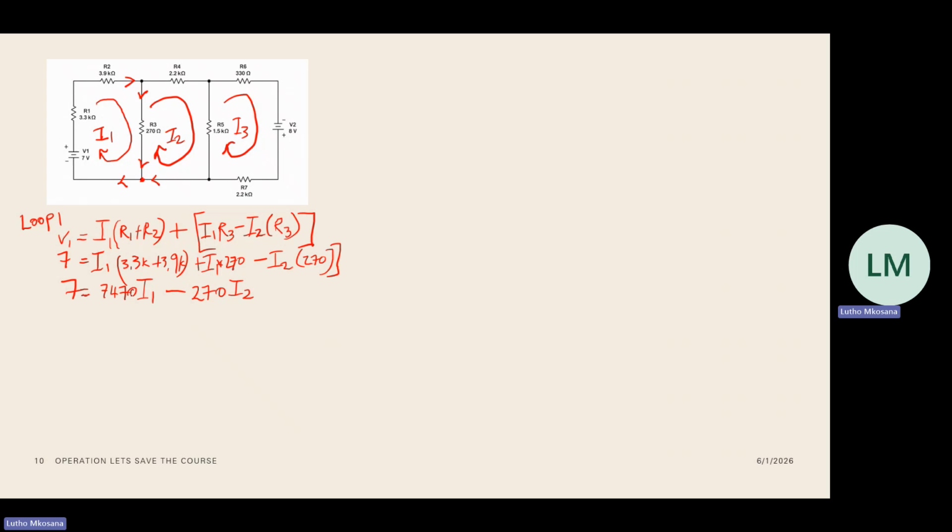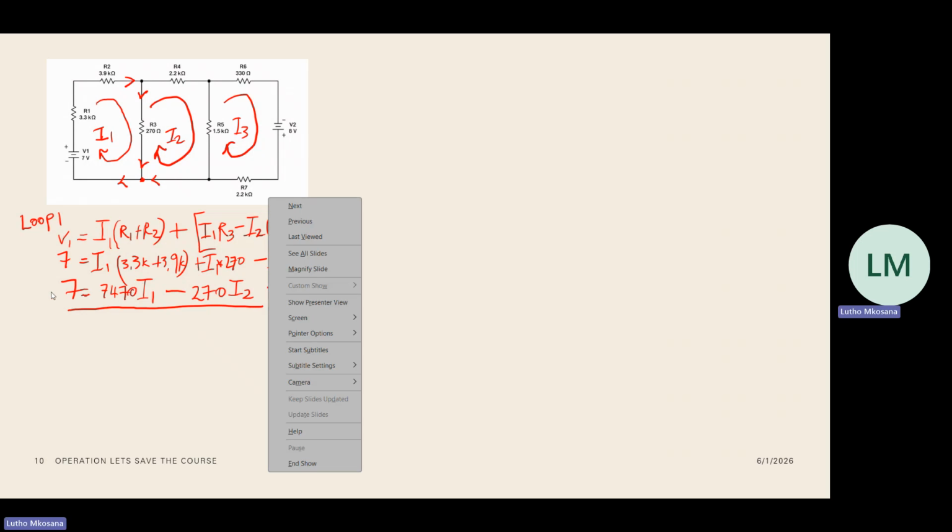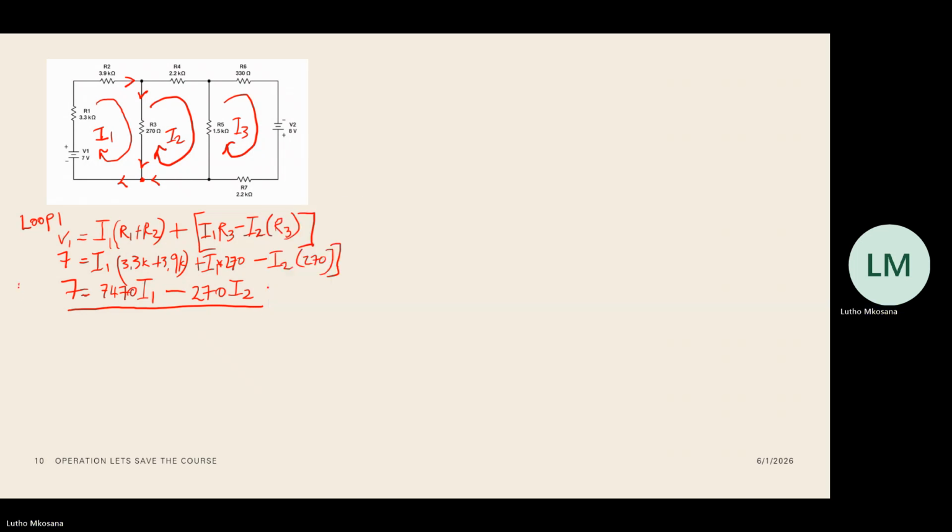All this is equal to 7. So this is our equation for loop 1.